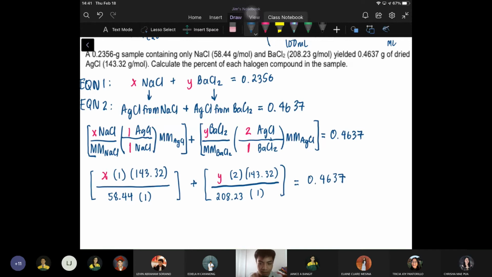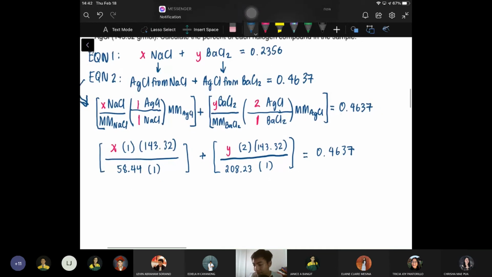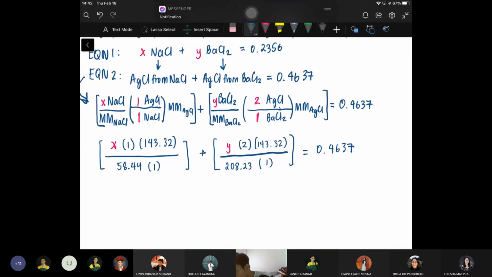Okay. So, ano susunod natin gagawin? Let's simplify the numbers. Pagsama-samahin natin yung numbers. No? Let's multiply them and divide them. So, gawin natin yan. So, that's 1 times this times this, and numerator divided by the denominator to get the simplified version of this equation.